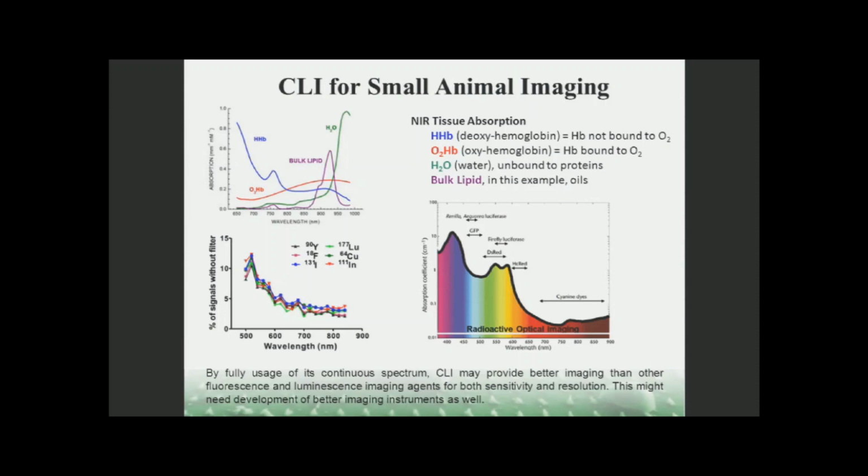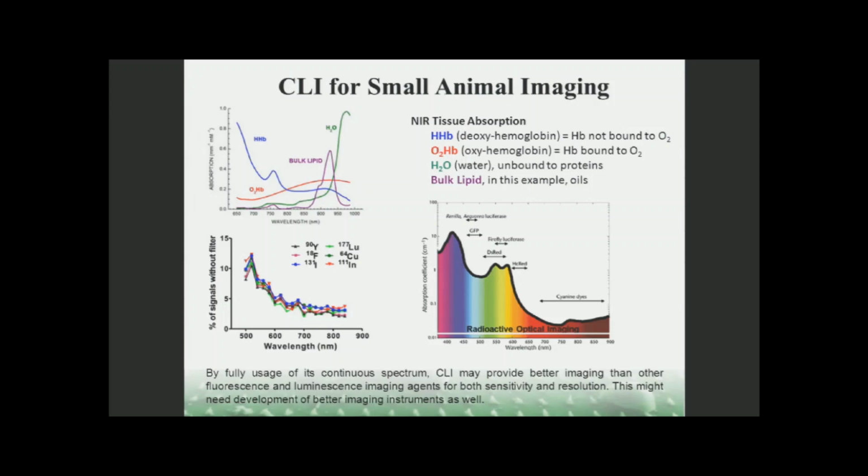In this near-infrared window, the Cerenkov luminescence for different radionuclides has a very good overlay with this biological tissue emission window. So in this near-infrared range, we can see very good signal from all different radionuclides, so potentially they can be used for in vivo imaging.